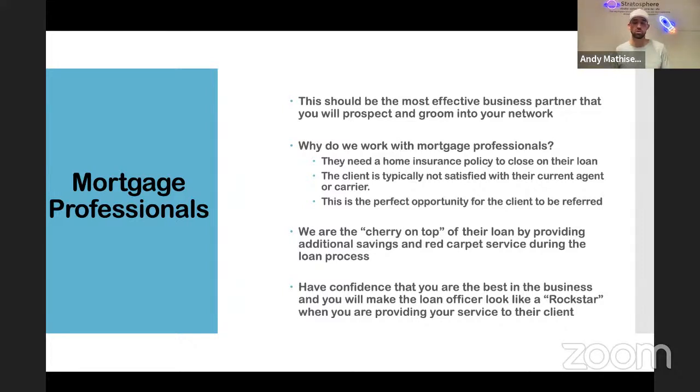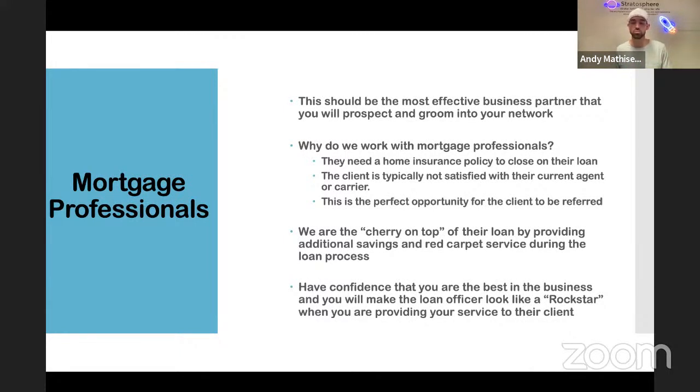I say this often, but we are the cherry on top of the loan by providing additional savings and red carpet service during the loan process. Insurance during a home buying process is a pain because they're focused on getting moved into that home. Well, if I make it a very good experience with the way I quote and sell and the way I offer my services and save them money as well, then that's a good experience.